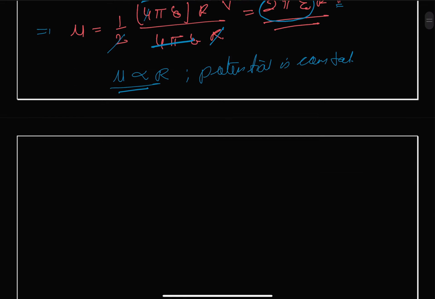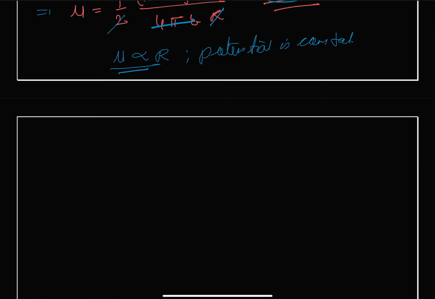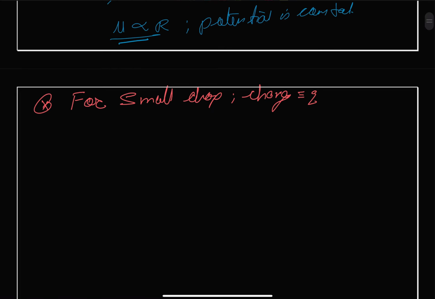And for the smaller drop, let us suppose that the charge is small q. Therefore, we can write that the potential energy is proportional to q square upon r.